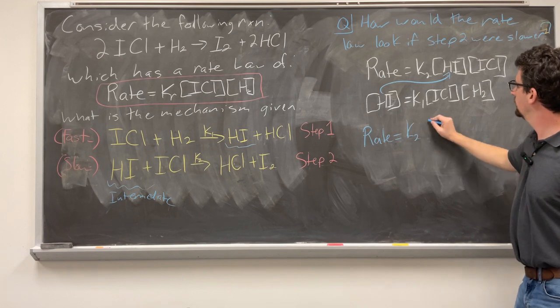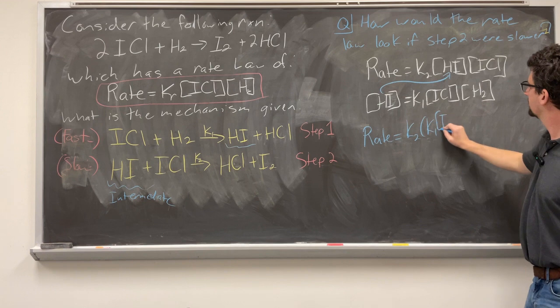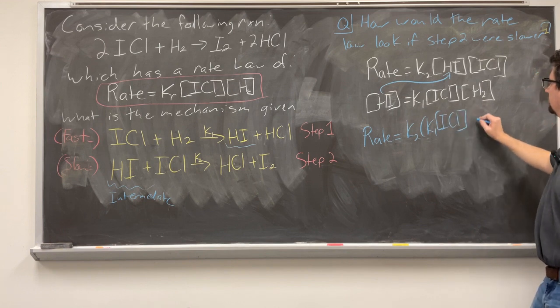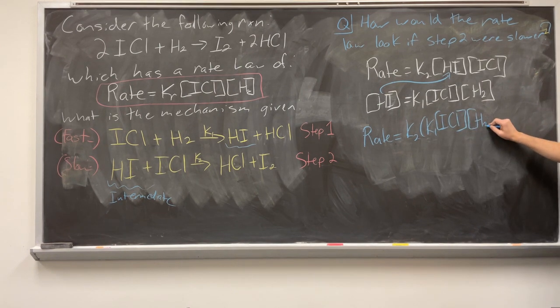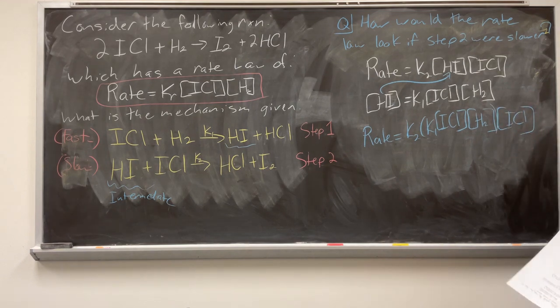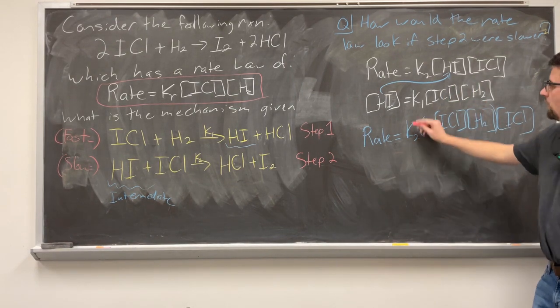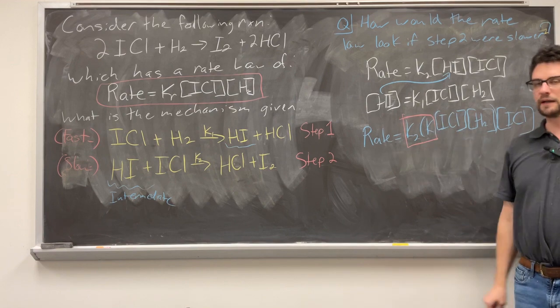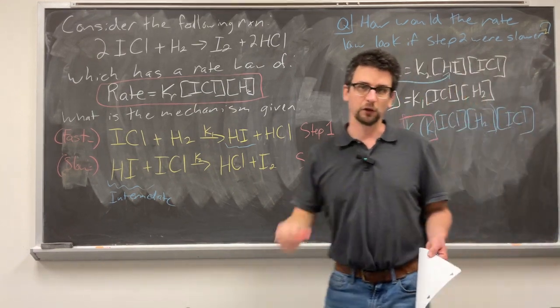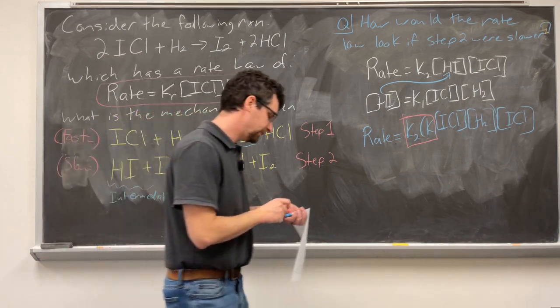We'd have K2 times K1, concentration of ICl, concentration of H2, times ICl. Okay, now, if you look, we have two constants that are going to be multiplied together. A lot of times you'll find that people like to keep those constants so they can talk about their mechanism and see how it works out.